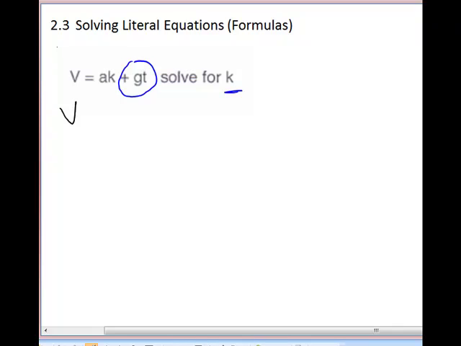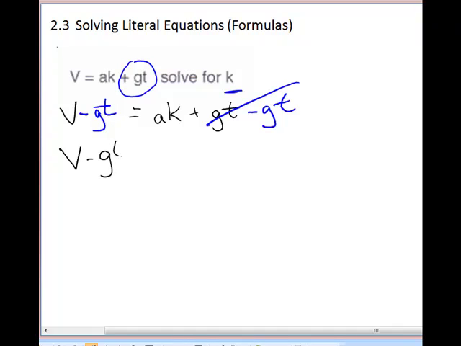We're going to subtract our GT that we don't want. That's the piece we canceled out. So we have V minus GT equals AK.